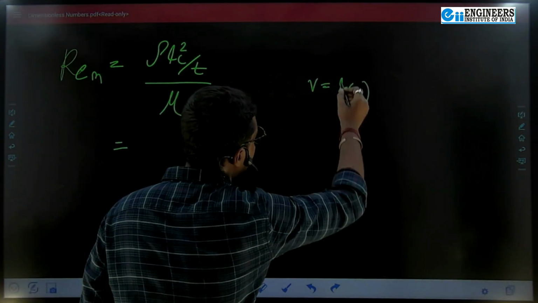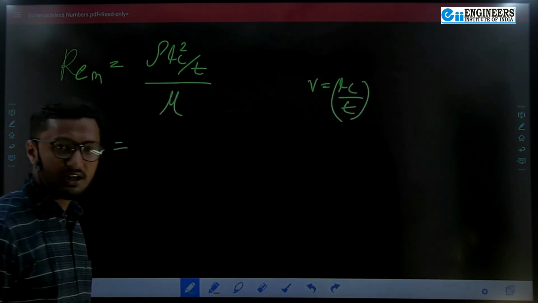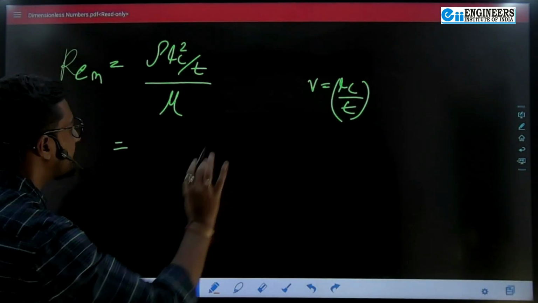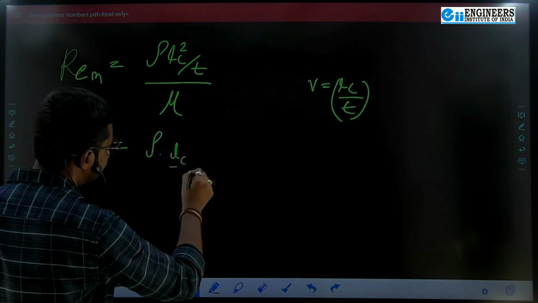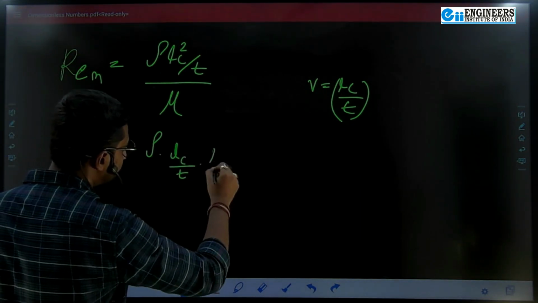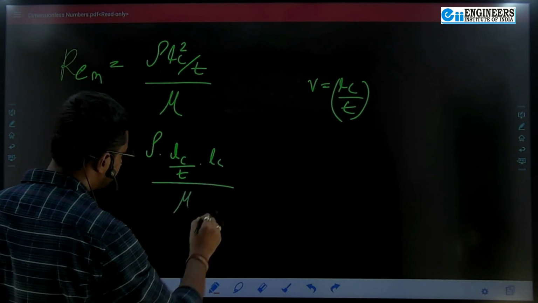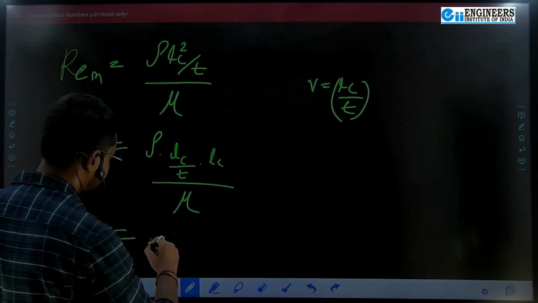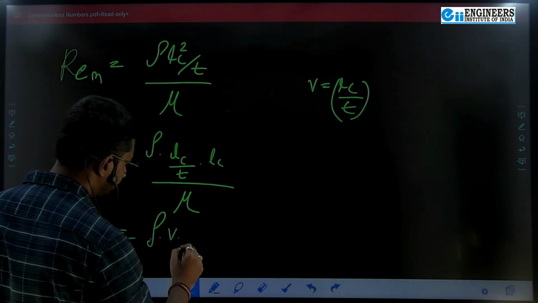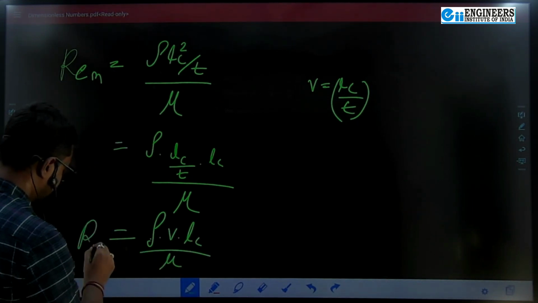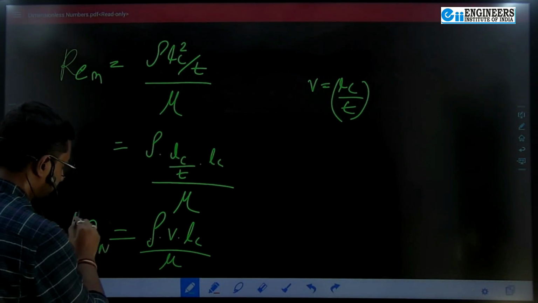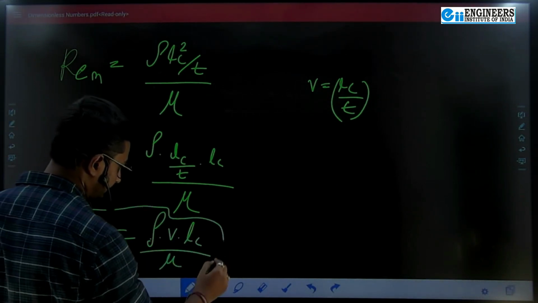So that means we can write velocity as LC per unit time, that is LC by T. So it will turn out to be rho into LC divided by T into LC and divided by mu, and this in turn becomes rho into V into LC divided by mu. So this is the final expression of our Reynolds number, which we tend to use everywhere.